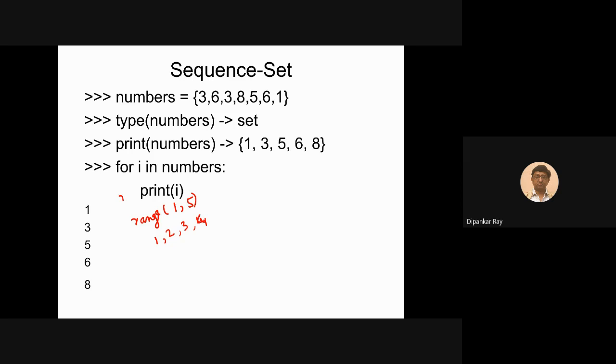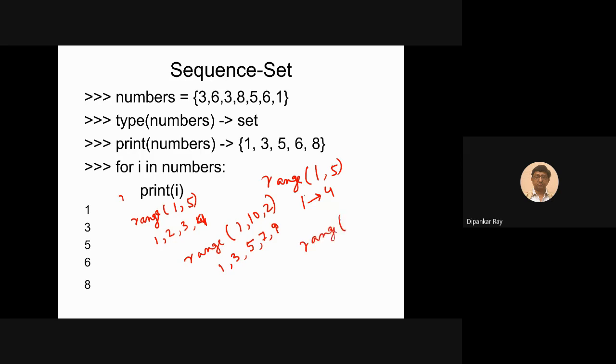And if I write range 1, comma 10, comma 2, that means 1, 3, 5, 7, 9. And the most important thing is that range 1, comma 5 means 1 to 4.